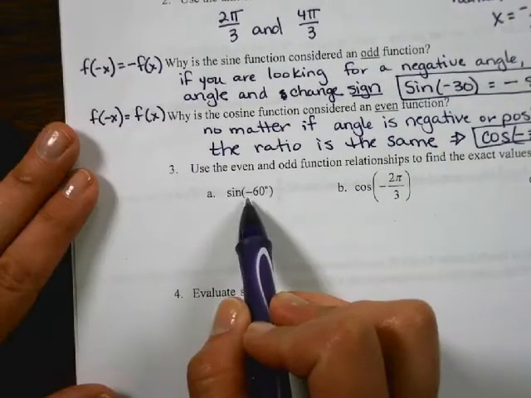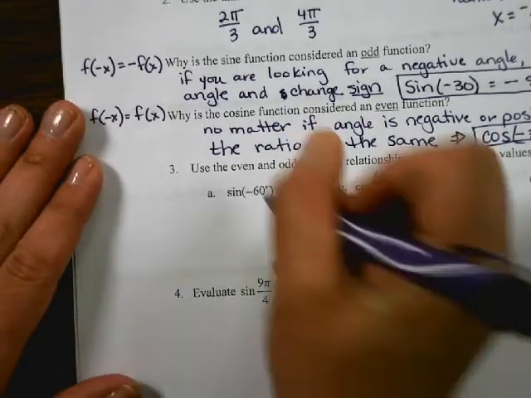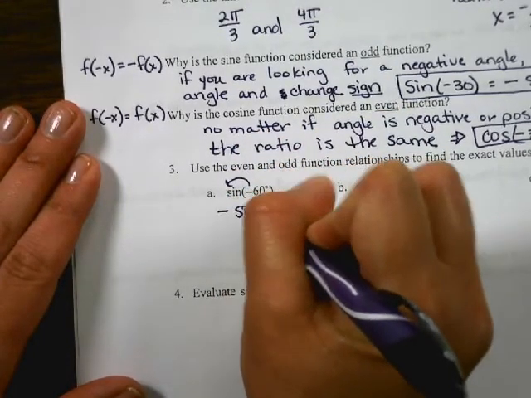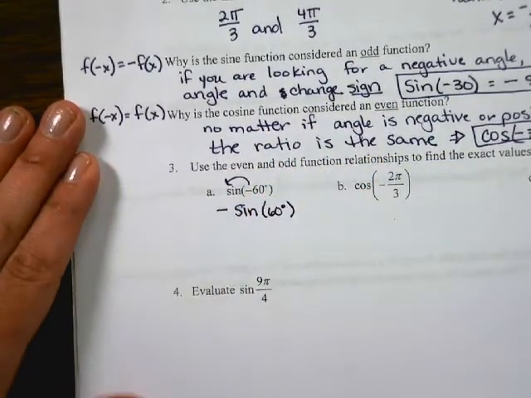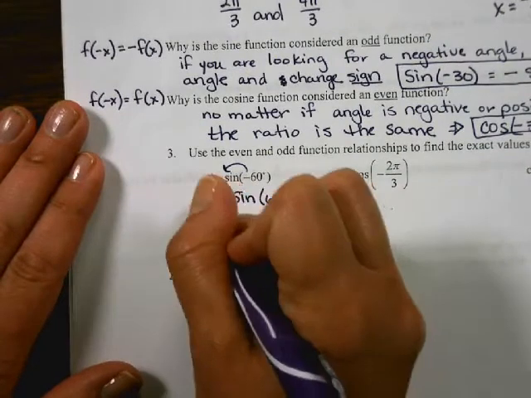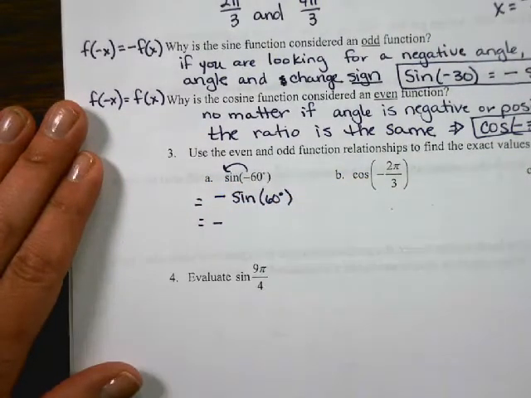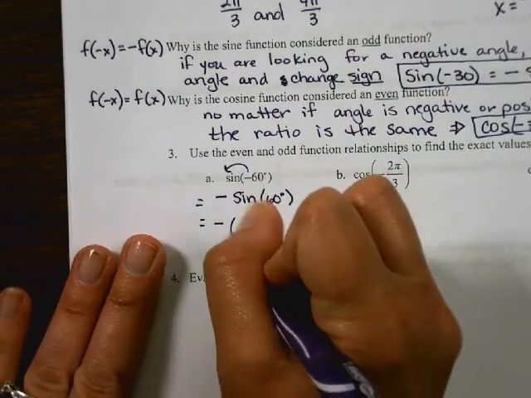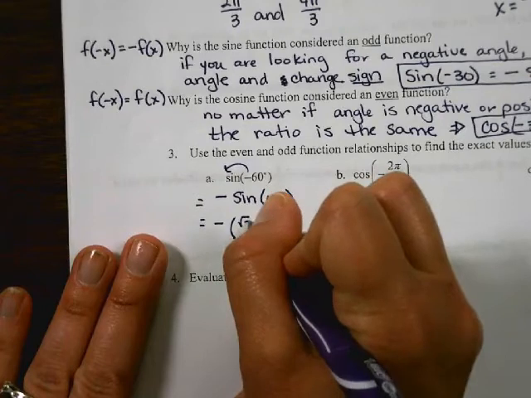So the sine of negative 60 is equal to the negative sine of positive 60 degrees. What's the sine of 60 degrees based upon your circle? Root 3 over 2. So this guy would be negative root 3 over 2.